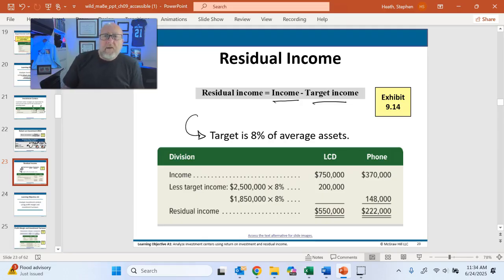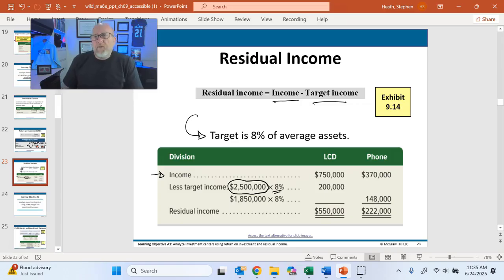Okay. So let's start. Here's our total income. That's a given. We had 750,000 in the LCD business and then 370,000 in the phone business. Then we had 2.5 million in average assets in the LCD division. And we're saying a normal income is about 8% of that.